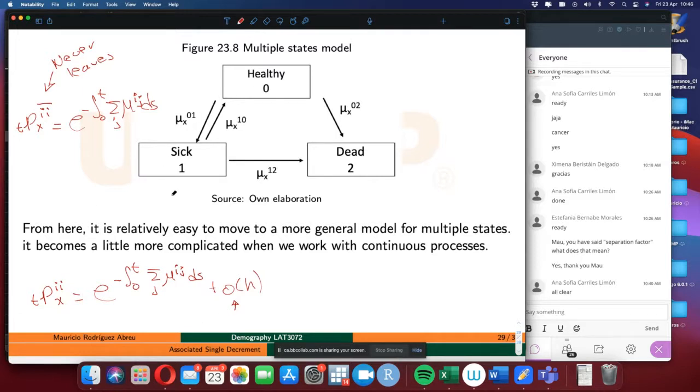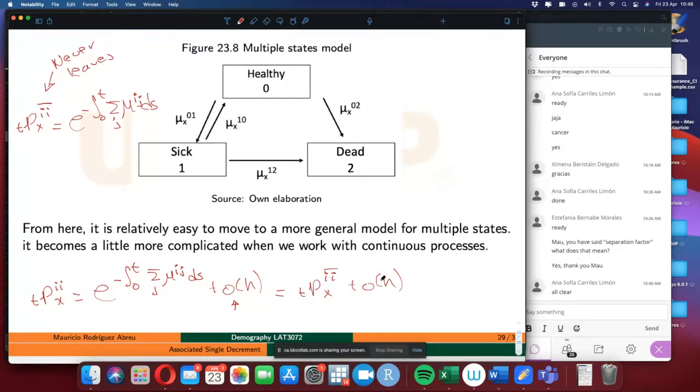Essentially, this person can be moving all this time, but what we want is the probability of this person leaving and then being here by the time x plus t, or by the time t, which is just giving us this. So this one is really easy. We know how to get it.